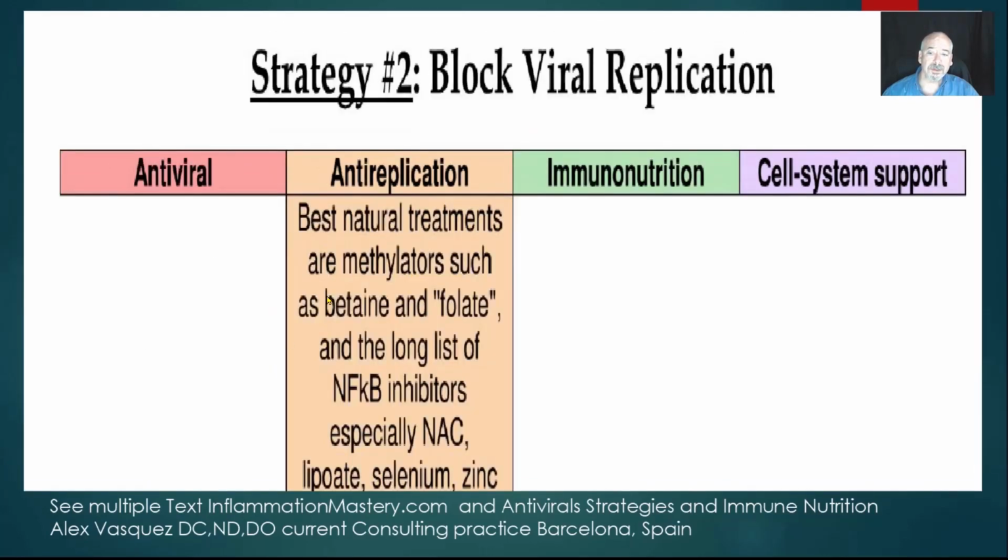For antiviral properties, we know it's best to keep methylation levels high as opposed to low. Hypomethylation is associated with elevated levels of homocysteine, which we already know from the literature is associated with cardiovascular problems.